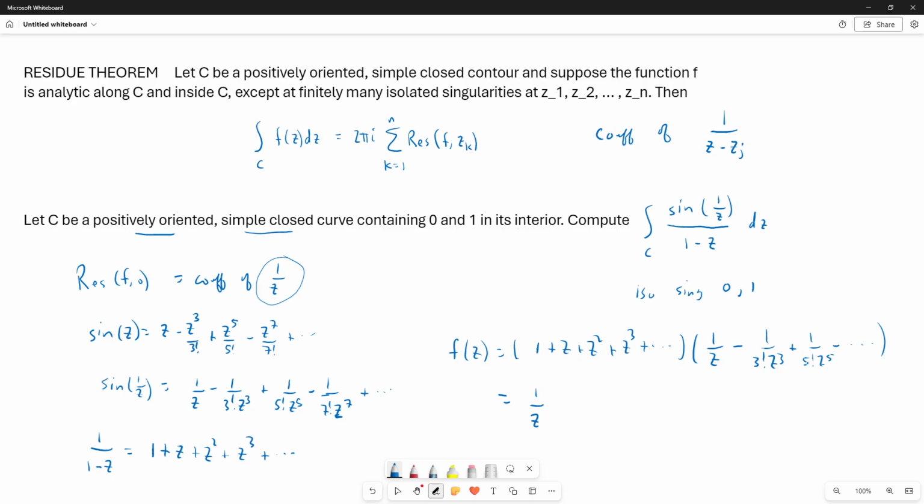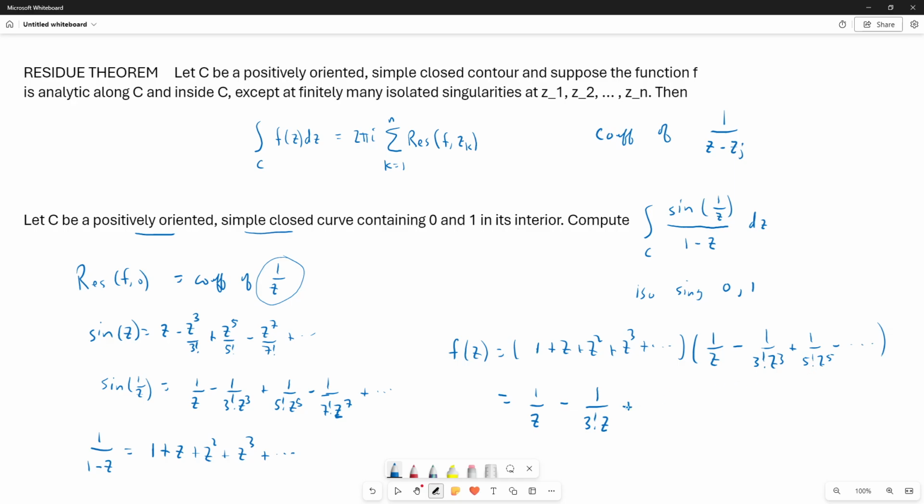z times none of these will give us a 1 over z, so let's just ignore that. z squared times 1 over z cubed will give us a 1 over z, so we're going to get minus 1 over 3 factorial times 1 over z. z cubed times any of these will not give us a 1 over z. z to the fourth, the next term here, times 1 over z to the fifth, that will give us a 1 over z.